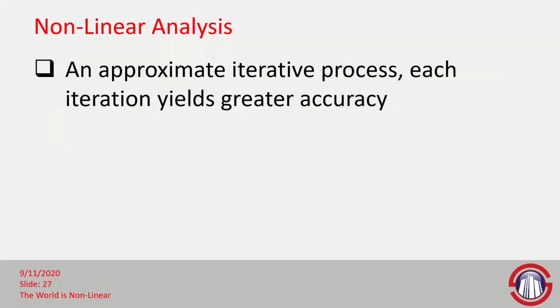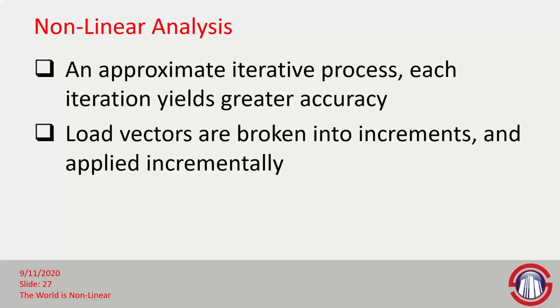And as we already mentioned, this is an iterative process, and it is an approximate process, but it will get more accurate with every increment that we add and every iteration that we go through. So essentially what happens is our load vectors are going to be broken into increments. Imagine if we have a 10 kilonewton load and 10 increments, each one of those increments will be 1 kilonewton.